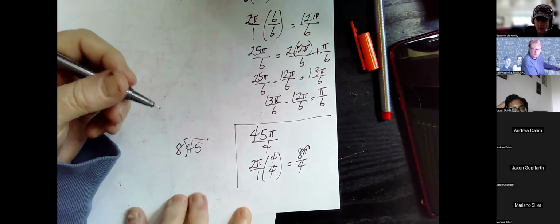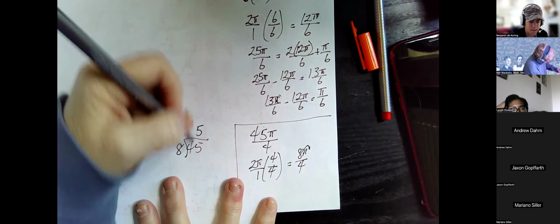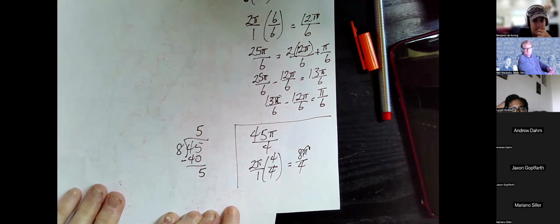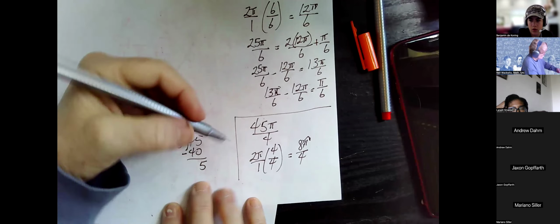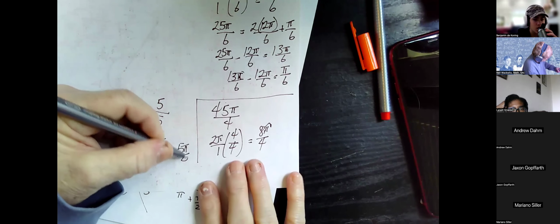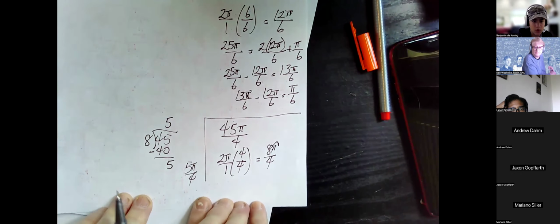So 5. And we're left with 5. What do we do with that? That's how many eighths we go up, right? Well, how many pi over 4s? Yeah, we've got pi over 4s, not eighths. 5 pi over 4. And where is 5 pi over 4? Which quadrant?